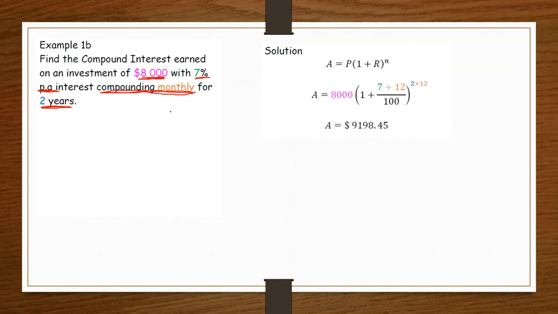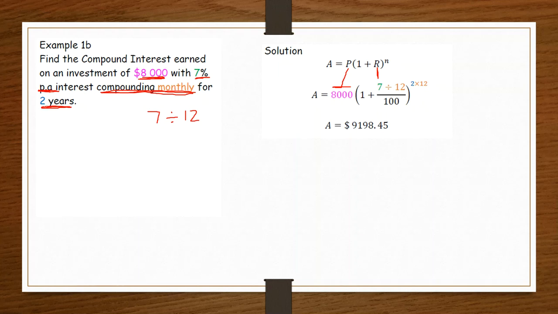So you can see in my setting out here, P is 8,000, R is 7%, so 7 over 100. And you'll notice that I've divided it by 12 to get monthly. So if we have 7% per year, we need to divide that by 12 to get per month.